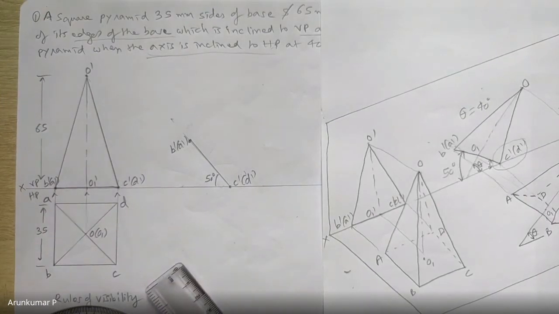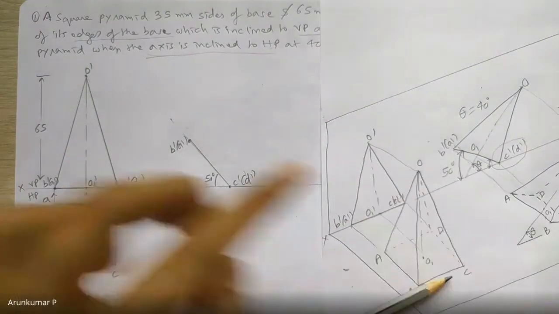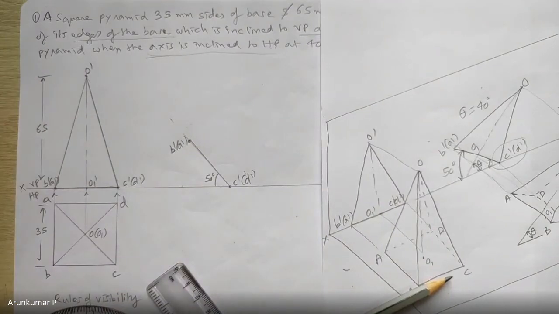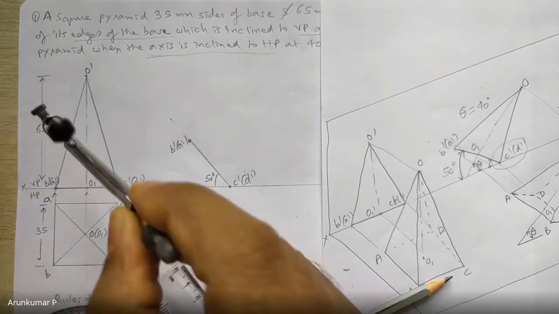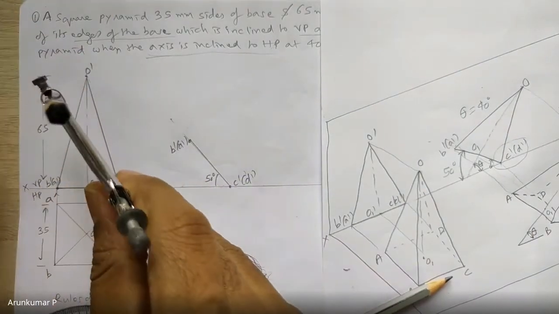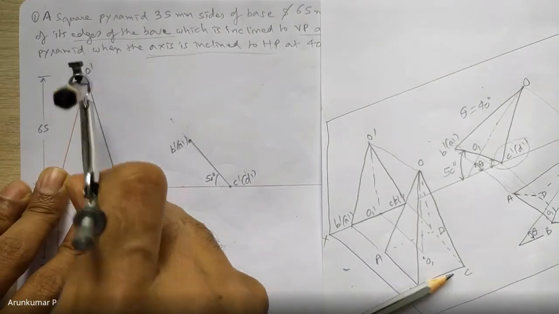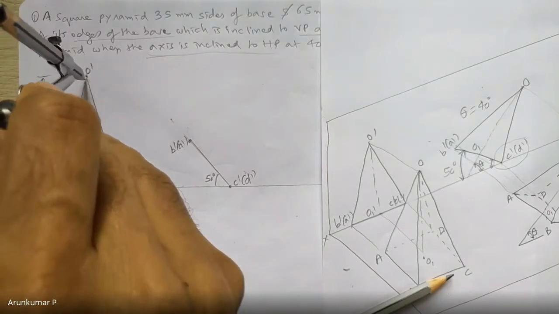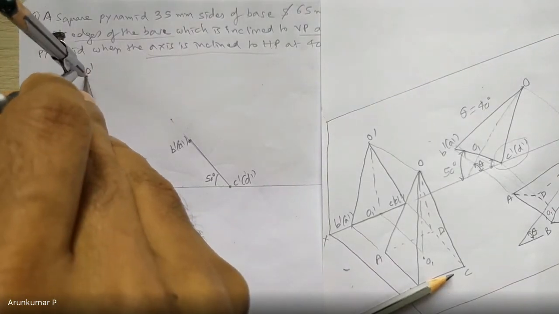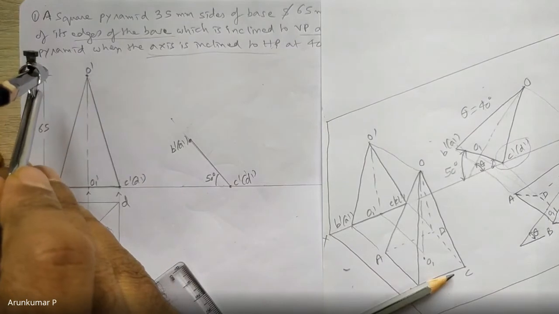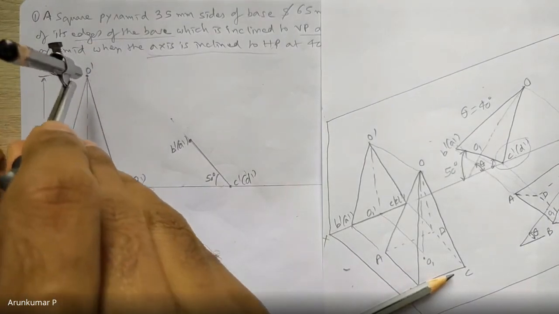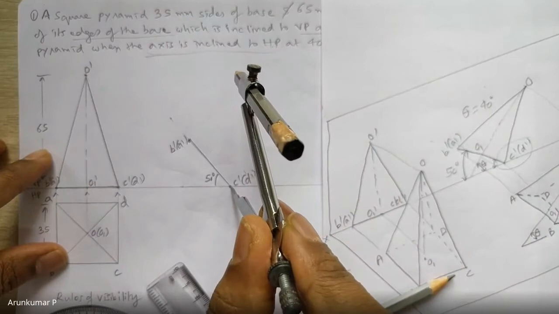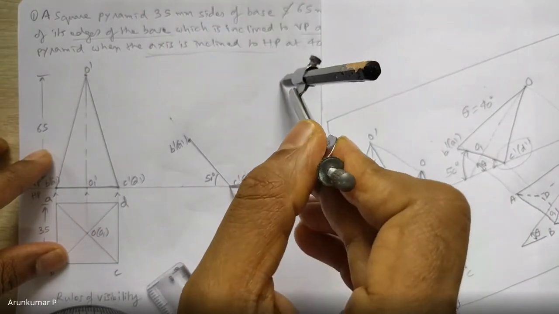Now what you can do is you can use the rounder and locate O dash with respect to B dash, A dash and C dash, D dash. I think you already know how to do this. Draw the arc, cut the arc. So from C dash, D dash, I will measure the distance till O dash. Yeah, till here. Which is going to be same for B dash, A dash also. Both these lengths are same. So from C dash, D dash, I'll make an arc.